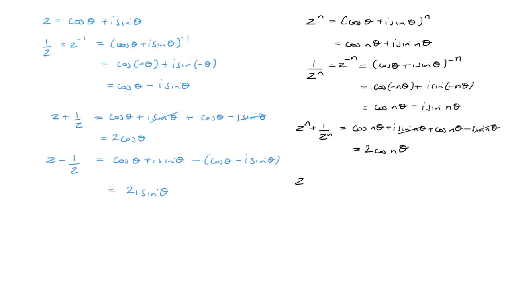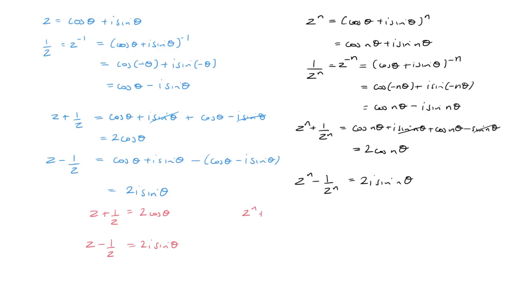And similarly, z to the n minus 1 over z to the n, I'm not going to write it out in full. This is going to be 2I sine n theta, just doing the same as before. So what I've ended up with is basically a couple of sets of results. So z plus 1 over z is going to be 2 cos theta. Z minus 1 over z is 2I sine theta.